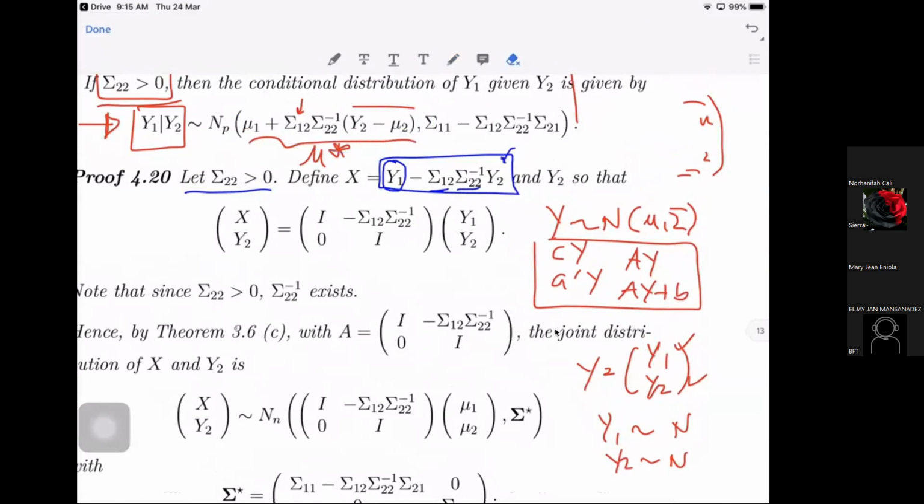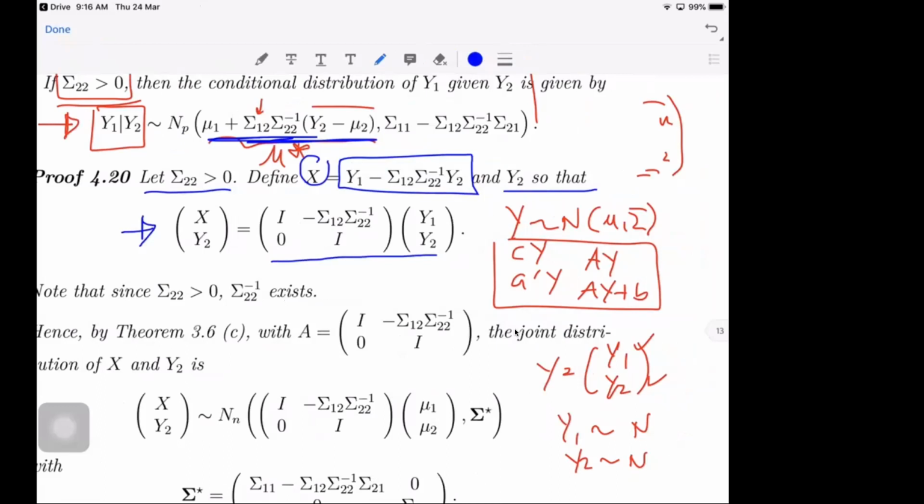The parameter will be y1 minus this term, so it is defined so that it can have this form later. And you have there your y2, so that we look at this vector x and y2, which can be expressed in this matrix representation.